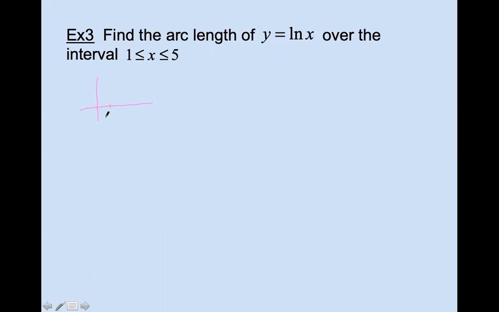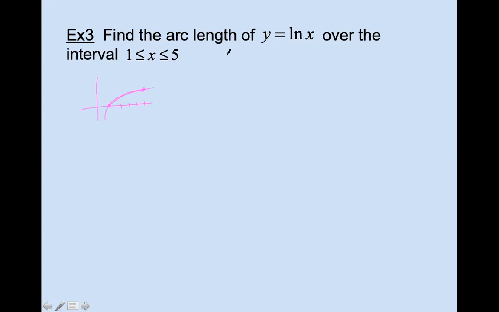It crosses the x-axis at 1. So it's going like this, and we're trying to find this arc length from here, just this part here, over to where we get to 5. So 2, 3, 4, 5.